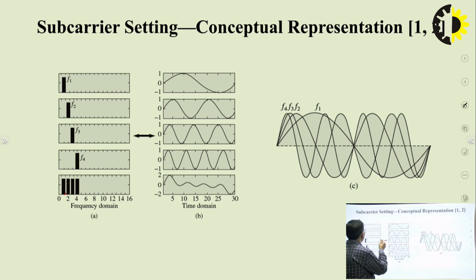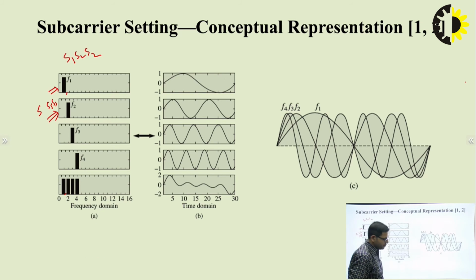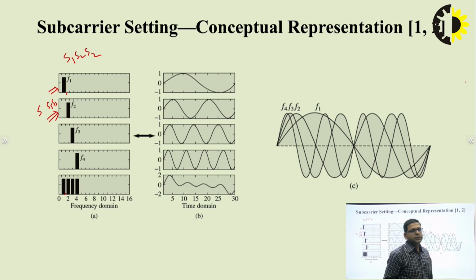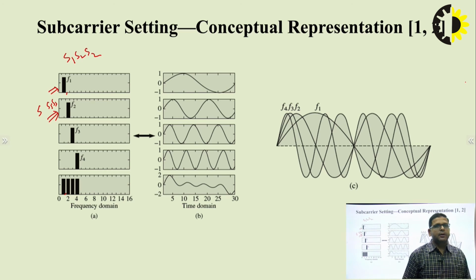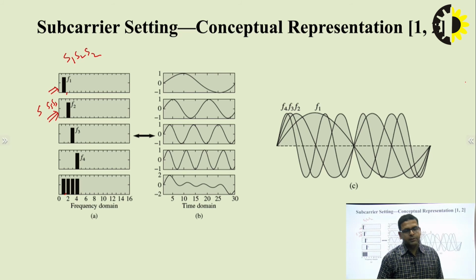This is the frequency F1 which we have allocated for symbols S1, S2, S3, and this is the frequency for symbols S4, S5 and S6. There is a certain margin in between F1 and F2, and this margin ensures the condition of orthogonality, and this condition is equal to 1 upon Ts.